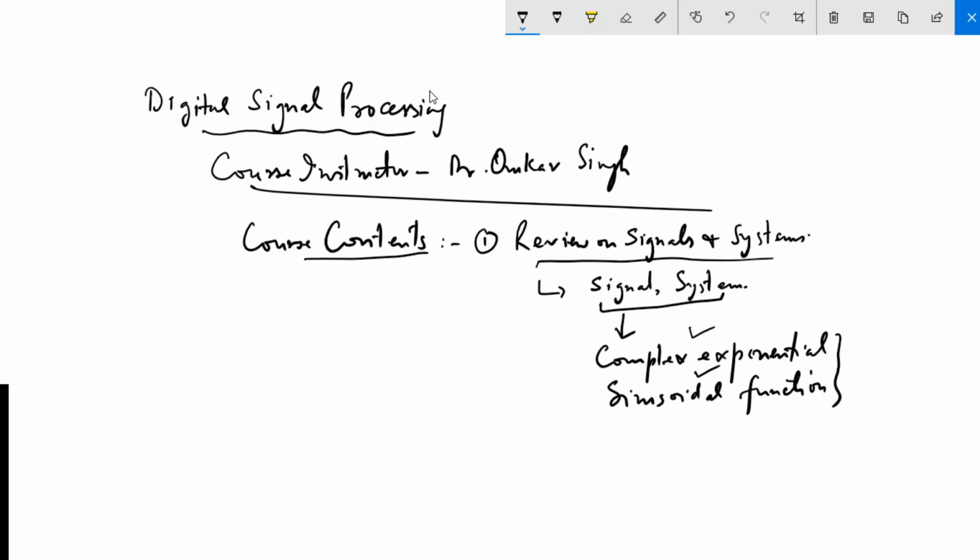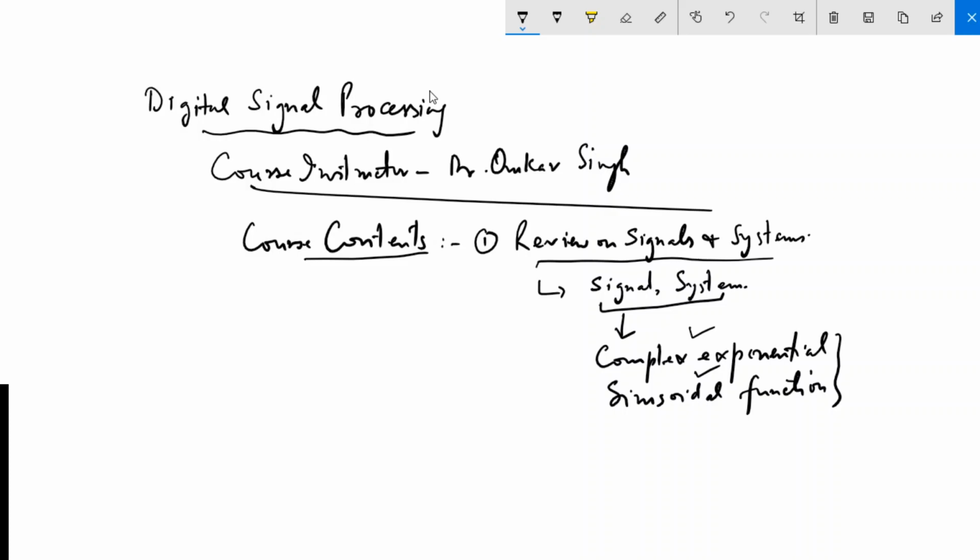And then there is a system which is used to process a signal. There are different types of systems that we have studied. We will take an overview of those, like linear system, time invariant system, static and dynamic system, stable and unstable system, and so on.